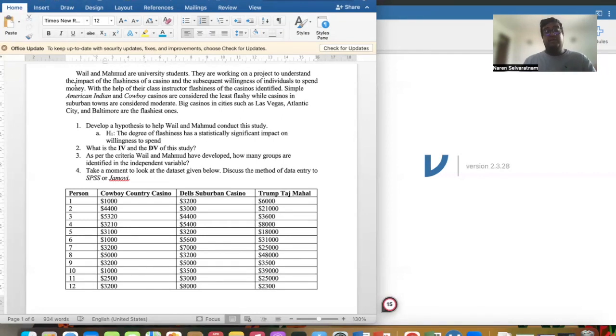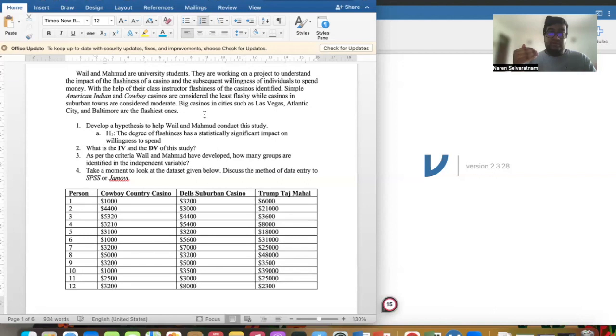Now, in a situation like this, we have to very clearly understand that although we have divided casinos into three groups, the reason for this categorization is the flashiness. That's the variable that we are interested in understanding. We are interested in understanding whether variation in the flashiness of a place has something to do with the money a person is willing to spend.